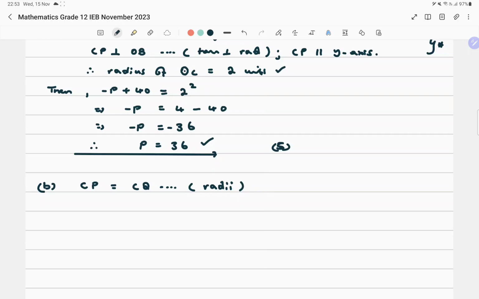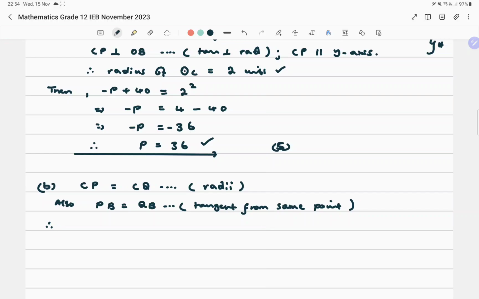And then I can say also, I know that PB is equal to QB. Why? These are tangents from the same point outside the circle.